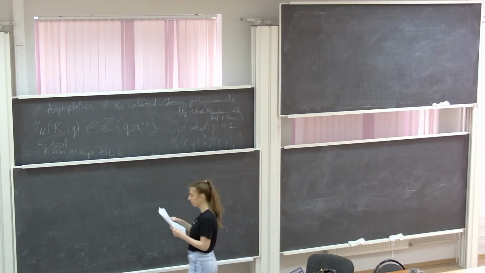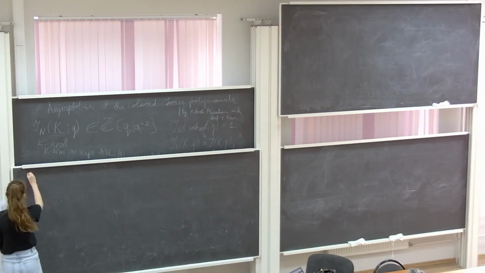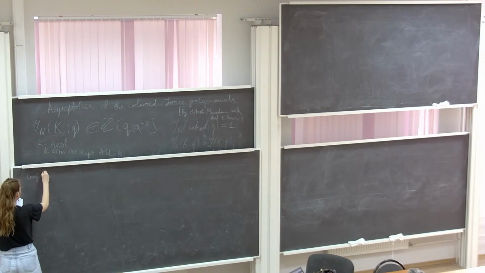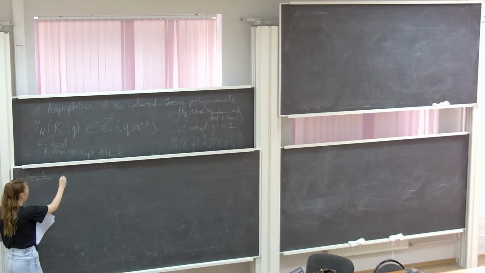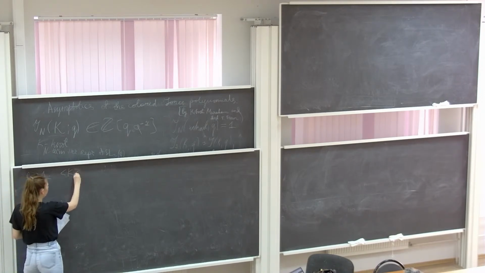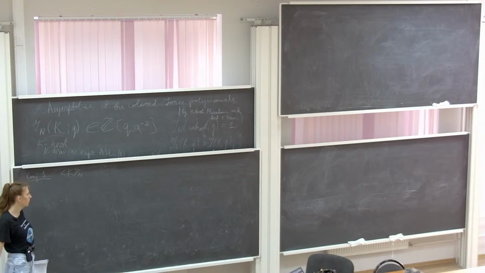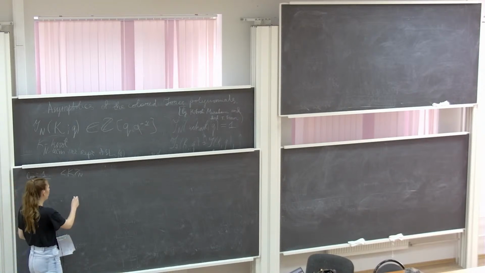So the first conjecture was proposed by Kashaev when he studied a knot invariant, which I don't know if it has some name or not.